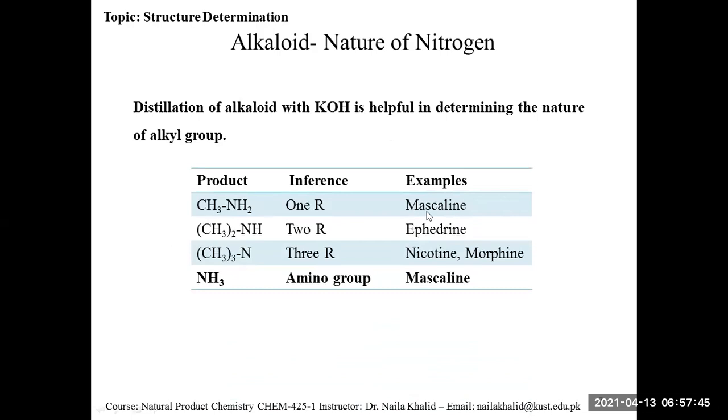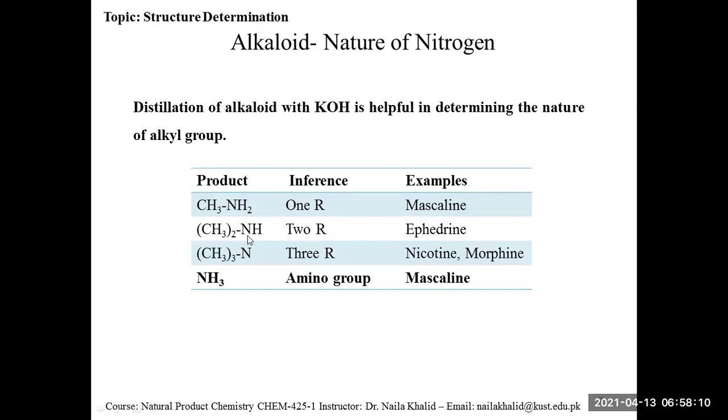If mescaline is there, one of the alkaloids which has a primary amine, it will give you one alkyl group. The product is methylamine. The basic hydrolysis product is methylamine. It shows that mescaline is a primary amine. Similarly, ephedrine gives you dimethylamine. It shows that it has two alkyl groups.